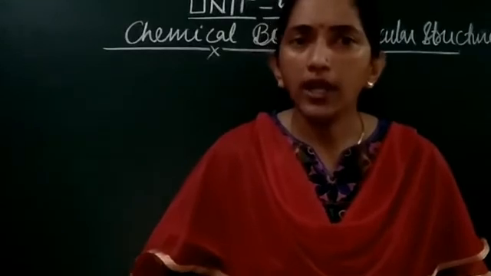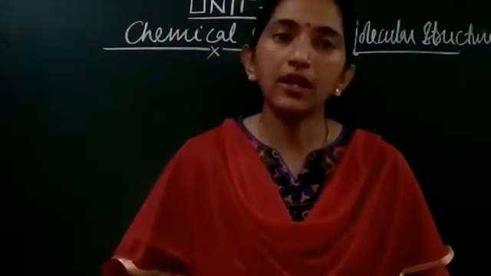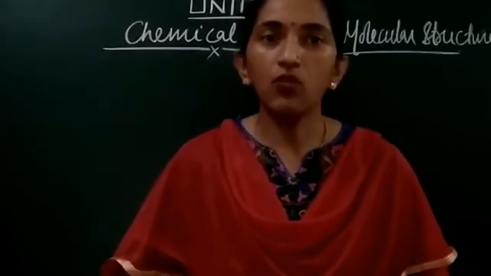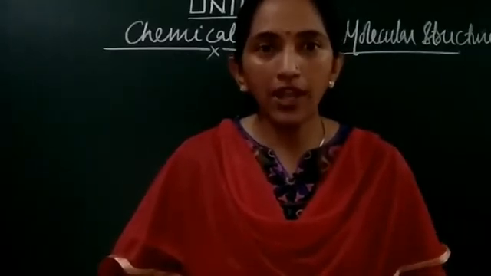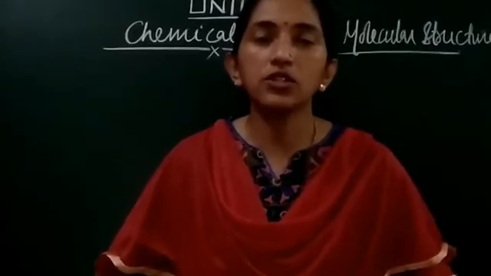Now a question will also definitely come to our mind: why do the atoms combine, and why do they combine in a definite number? In a water molecule, we have two hydrogen atoms and one oxygen atom. In ammonia, NH3, we have one nitrogen atom and three hydrogen atoms.